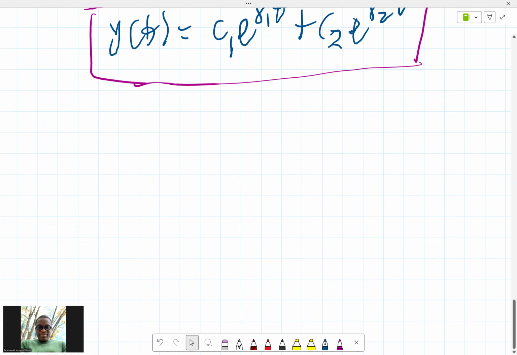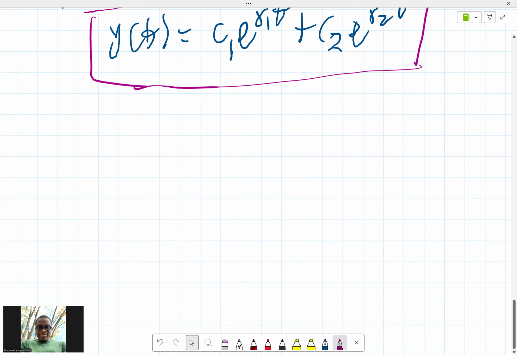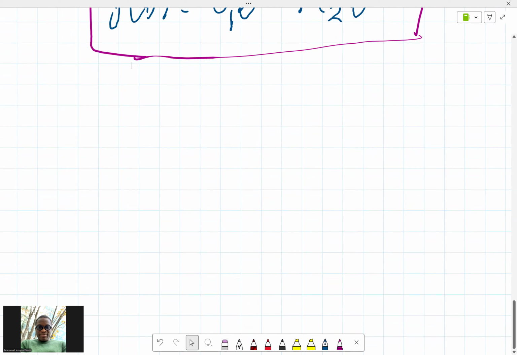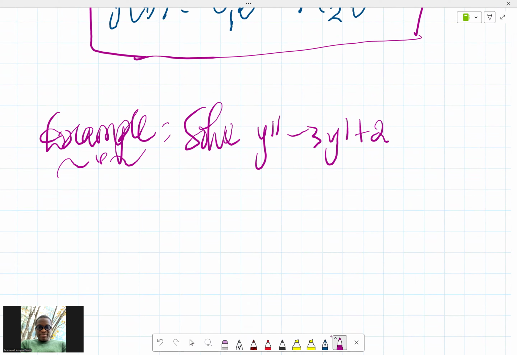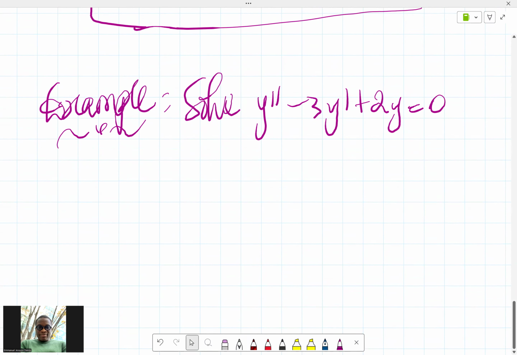Here we have an example. We solve y'' - 3y' + 2y = 0.